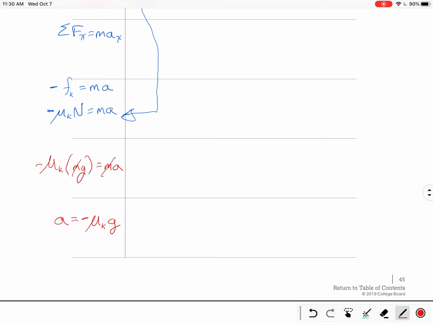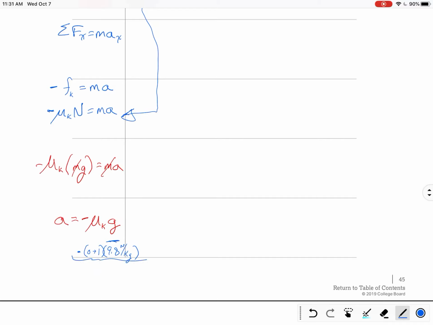There we go. So the acceleration, if we want to just examine this real quick, the g we know to be 9.8 newtons per kilogram. We know that mu is typically a number between 0 and 1. And we're going to multiply by a negative sign.